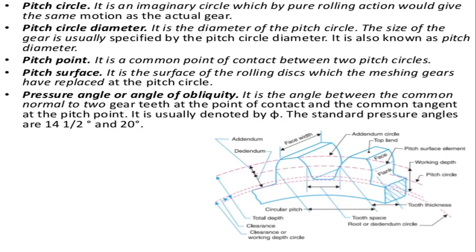Next one is the pressure angle or angle of obliquity. Both terms can be used, but pressure angle is the most commonly used word in the nomenclature of gears. It is the angle between the common normal to the two gear teeth at the point of contact and the common tangent at the pitch point.